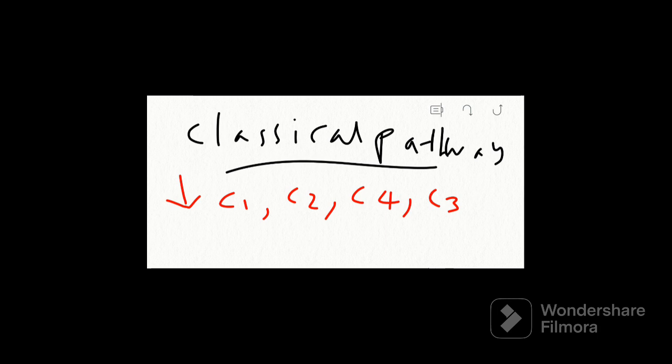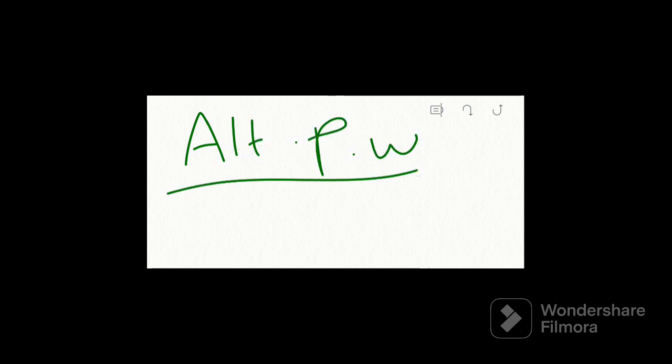There will be normal factor B. Okay, so in the alternative pathway, there will be decreased B, C3, and others are normal. There will be a decrease in B and C3, but others are normal.